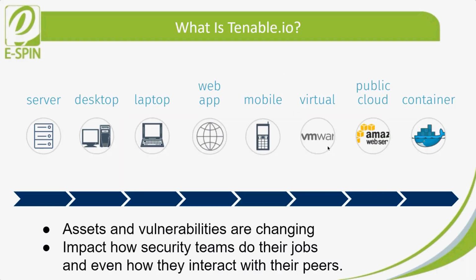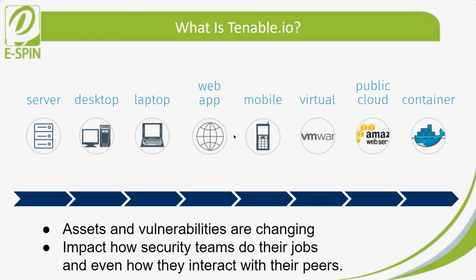Let's move on. Now I will explain the changing nature of assets and vulnerabilities. Before this, there simply were not as many types of assets. For example, we only used servers, desktops, network devices, and laptops. So we could assume that one IP address is usually equal to one asset.